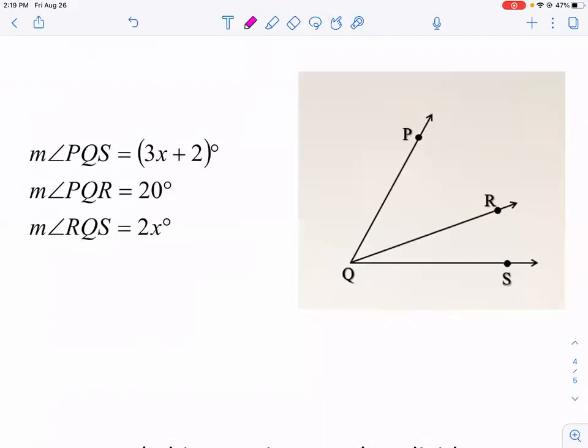Okay, PQS. So this whole thing is 3x plus 2. PQR is 20 degrees and RQS is 2x degrees.